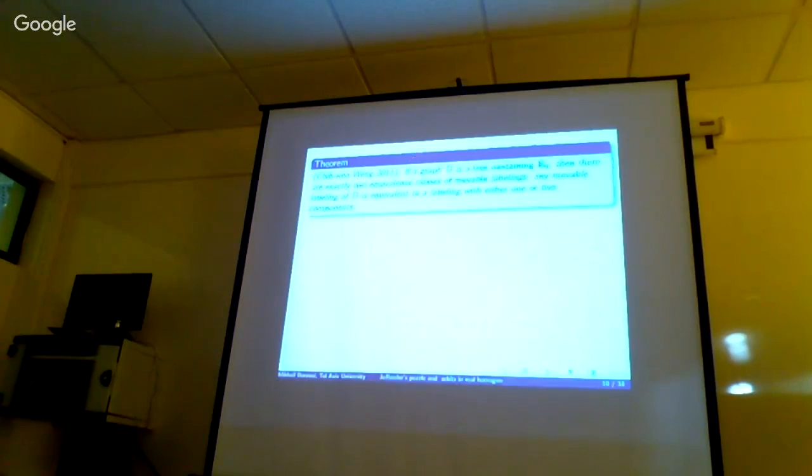If a graph G is a tree, not necessarily a Dynkin diagram, a tree containing E6, then there are exactly 2 equivalence classes of movable labelings. Any movable labeling of G is equivalent to a labeling with either 1 or 2 components. There is no proof, only some ideas. I wrote to him, he explained the proof, it's correct.